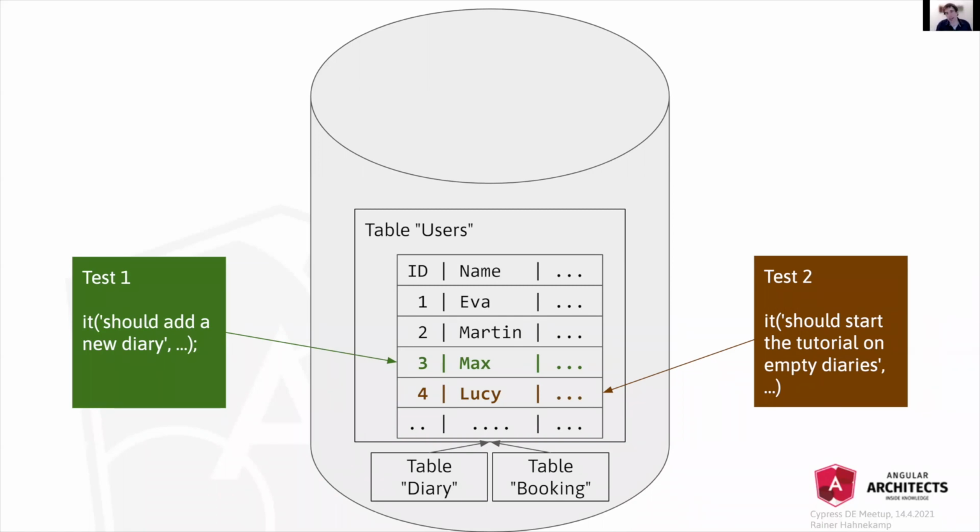This test would be something where we say it should start the tutorial if there are no diaries in there. This is a little bit similar to the use case I talked about before, where I remove everything and then a later test comes and expects that there is an entry. I don't have this problem here because I always start on a green field, so I always start from scratch.